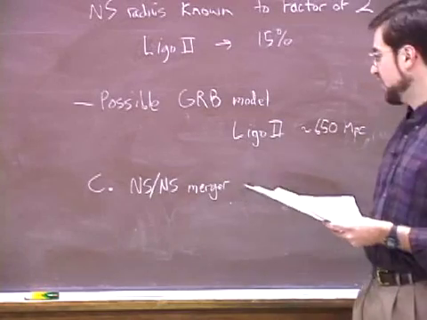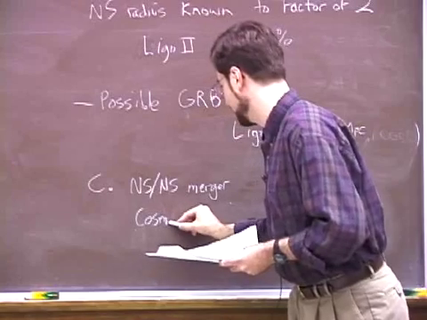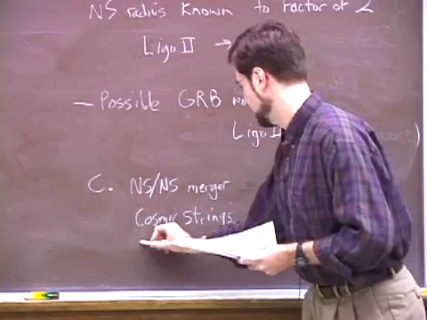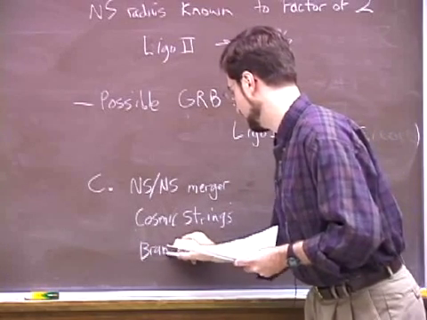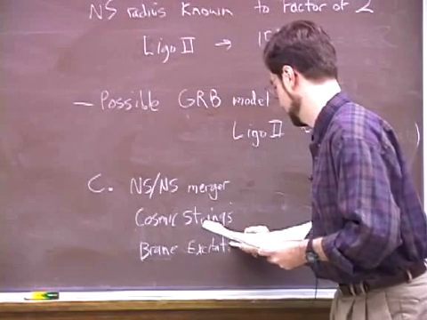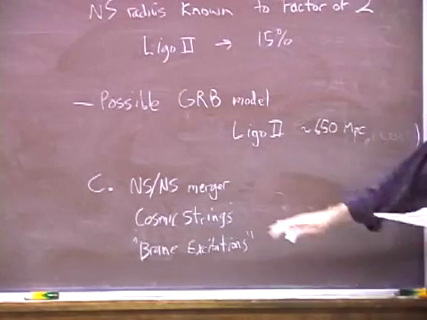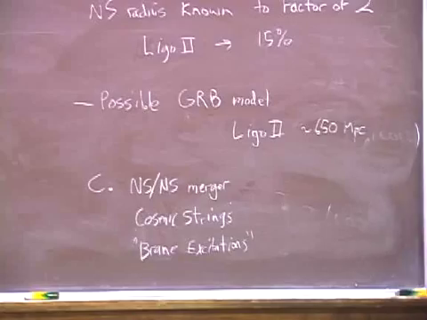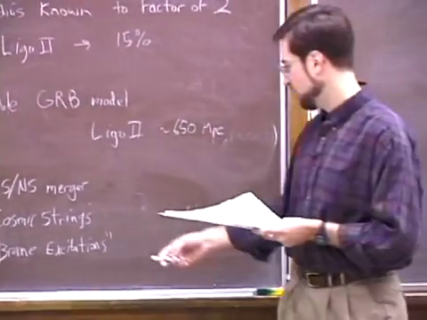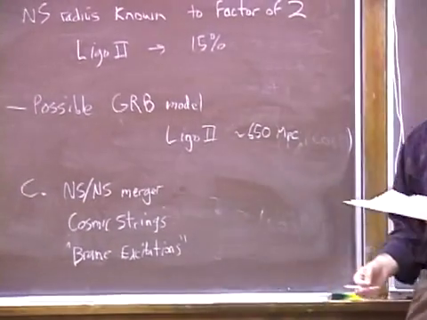And then there are other more speculative things that you might want to look at, such as cosmic strings, or what I'll call brane excitations. These have to do with topological defects in the early universe that might possibly produce gravitational waves, and that might be something that involves strong gravity.